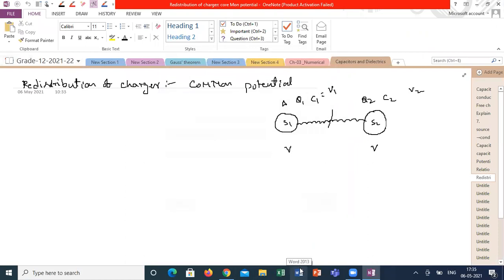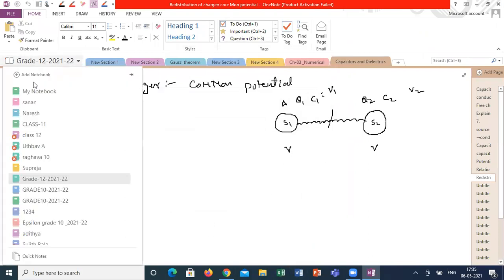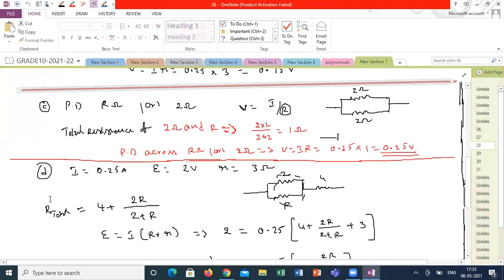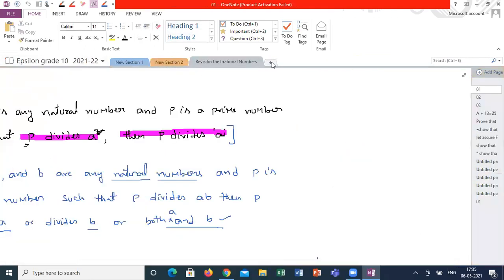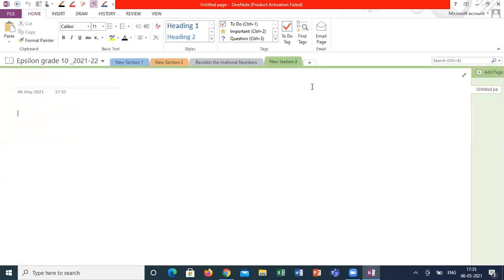So based on the index, the number of zeros of the polynomial will be equal to the index. So the real zeros can be identified geometrically.